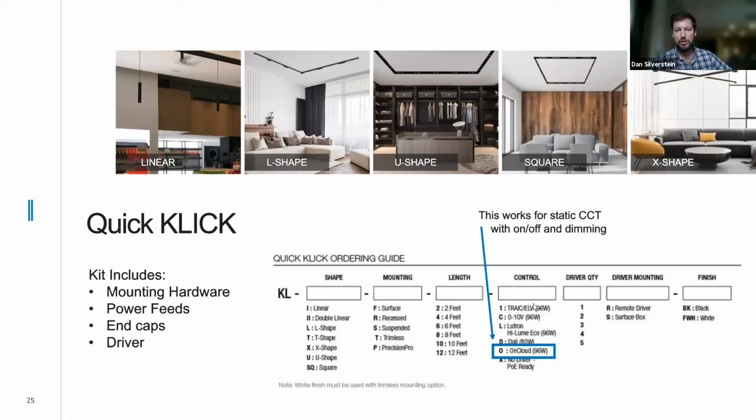Then it's control. This is sort of the whole point of this particular system. There are two ways in here of getting it on OnCloud. The first is to pick option number 1, which is Triac ELV. That is if you're going to be using it with just our regular dimmer on the wall. The next way is to select OnCloud.